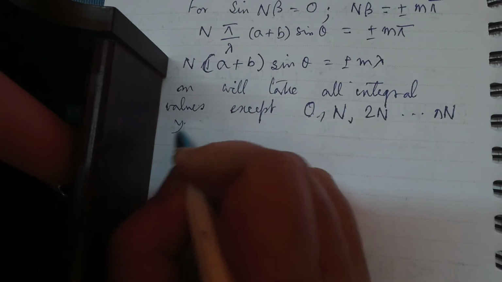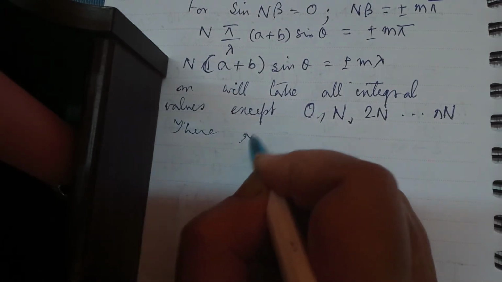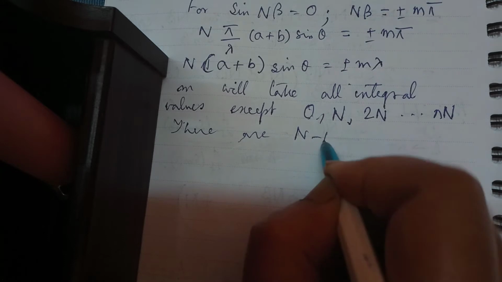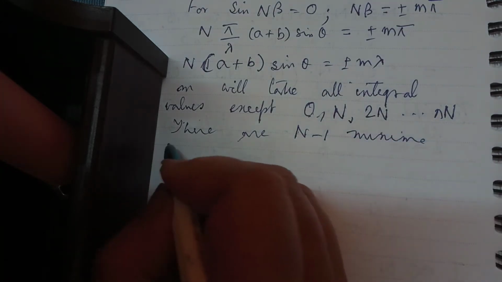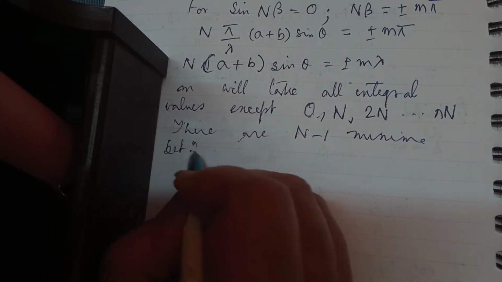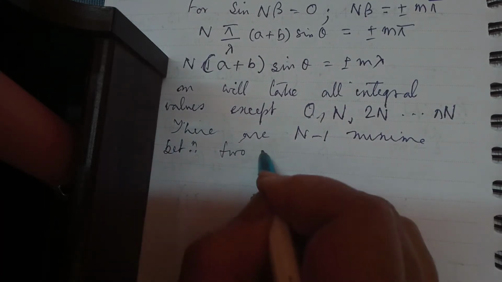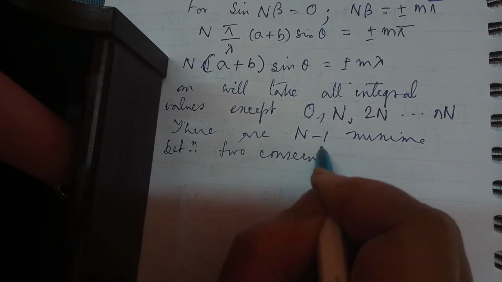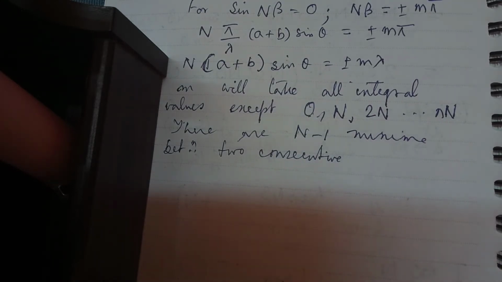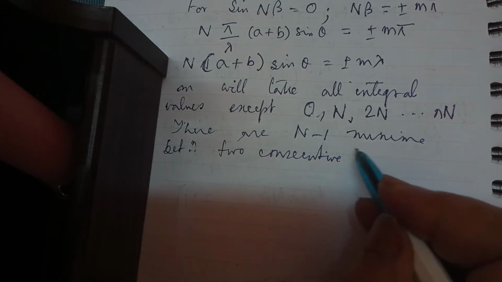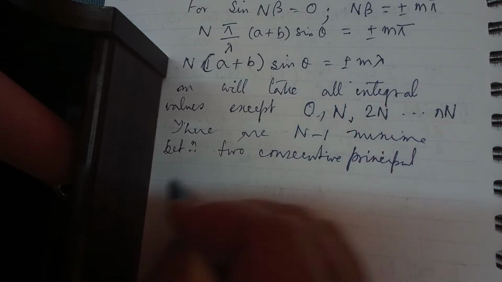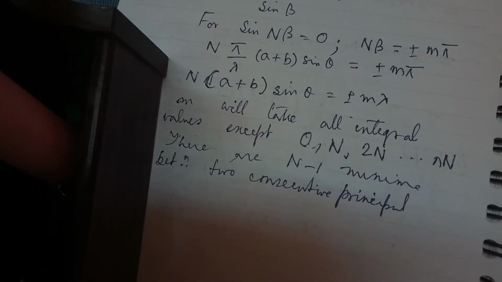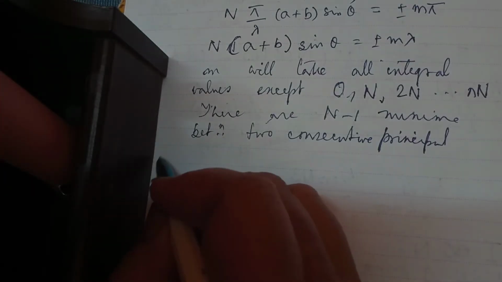So there are n minus 1 minima between two consecutive principal maxima. It is principal maxima. If you remember, when you did the diffraction grating experiment, I insisted that you say it is your principal maxima which you are studying.